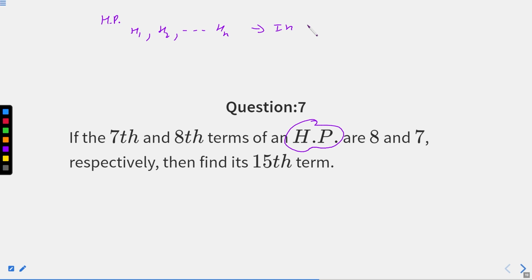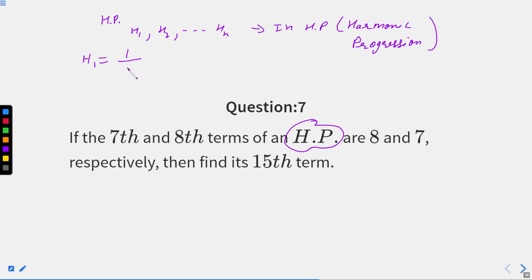HP means harmonic progression. Then this means my first term will look like the reciprocal of the first term of AP.